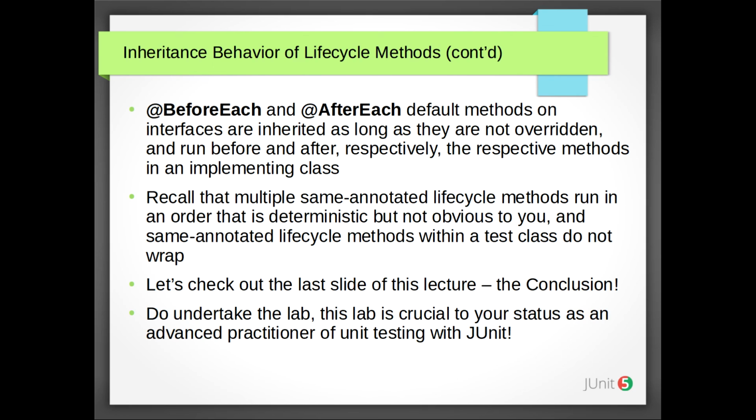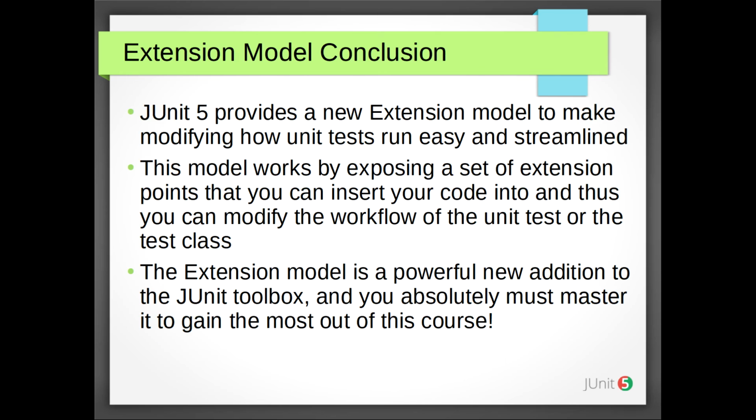Let's check out the last slide of this lecture, the conclusion. Do undertake the lab. This lab is crucial to your status as an advanced practitioner of unit testing with JUnit. So in conclusion, JUnit 5 provides a new extension model that was not there for JUnit 4, and it does so to make modifying how unit tests run easy and streamlined.